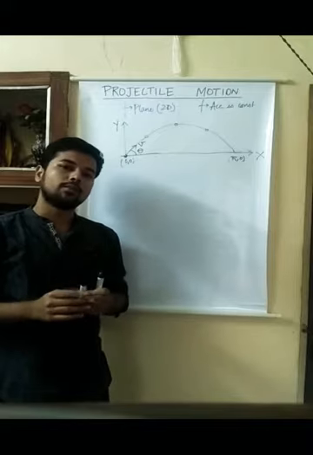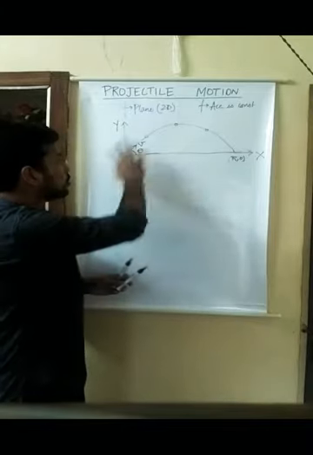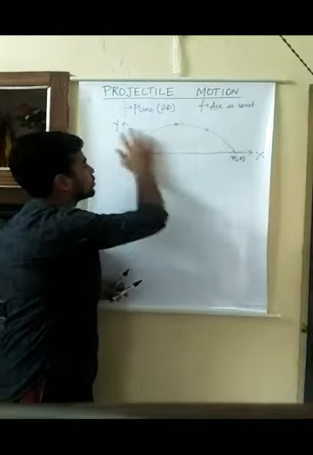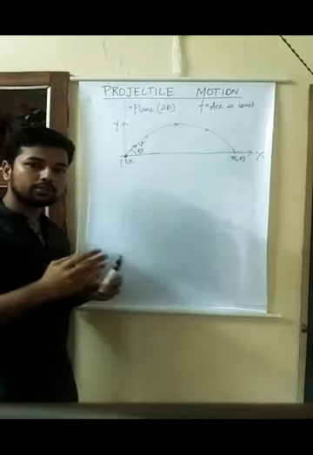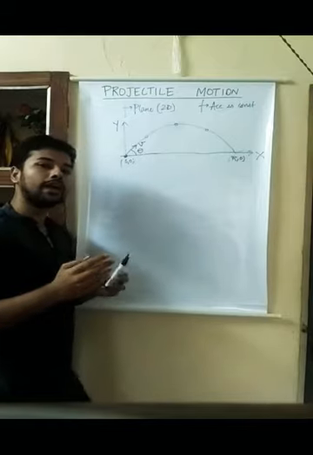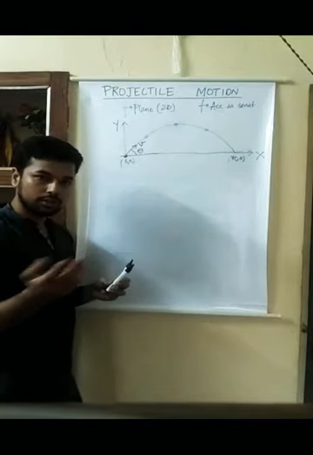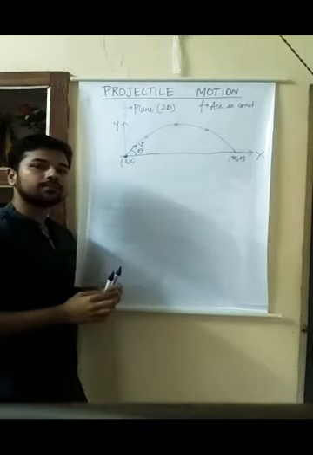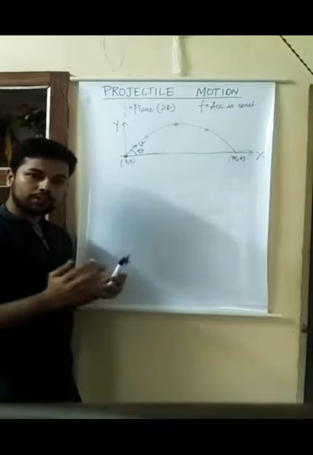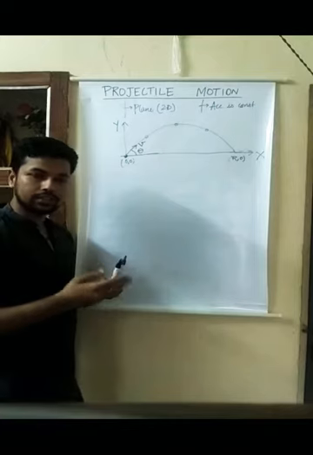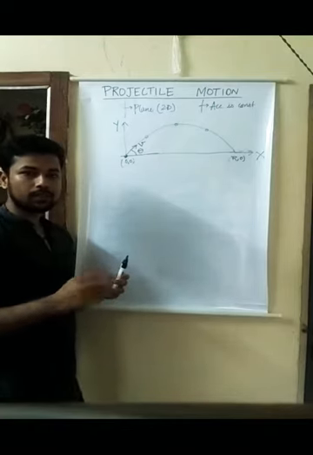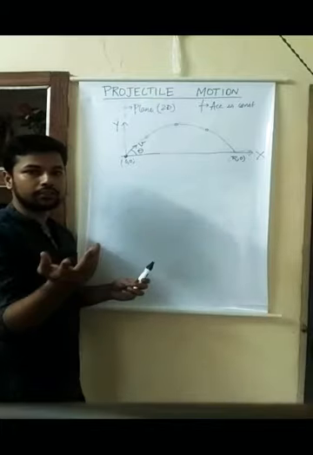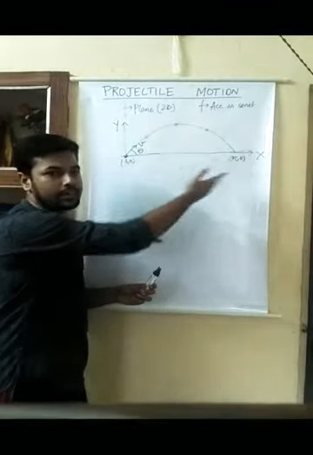To analyze this problem, we can break this motion, which is happening in the xy plane, into two axes: how the motion is happening in the x direction and how it is happening in the y direction. Once we have broken this into x and y directions, we will be able to solve for various things, like how much time it takes.